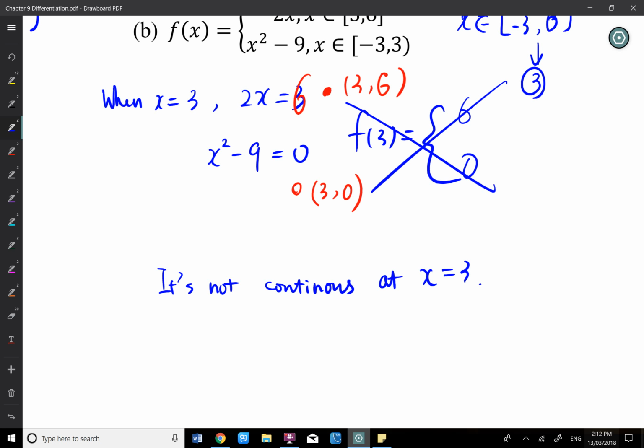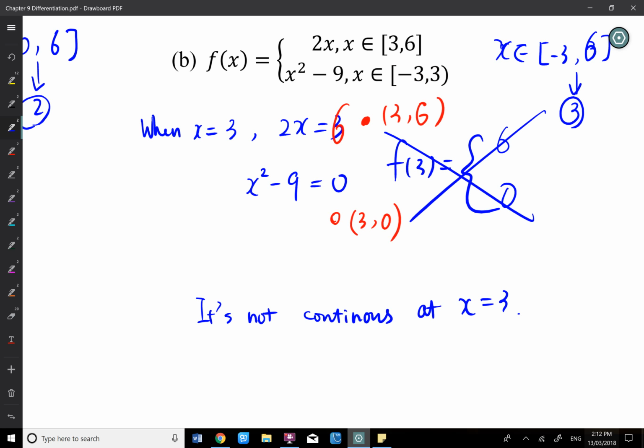Last year I think the SET was like this: give you a hybrid function, then you draw the graph and talk about why it is not continuous at x equals 3. So you need to say left hand side limit equals 0 and right hand side limit equals 6. Left hand side limit is not the same as right hand side limit, so that's why the limit does not exist and that's why it's not continuous. Yeah.